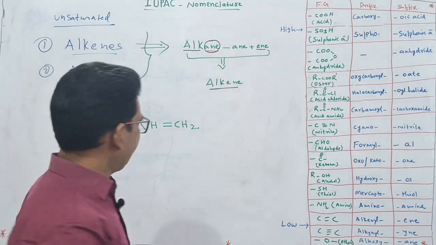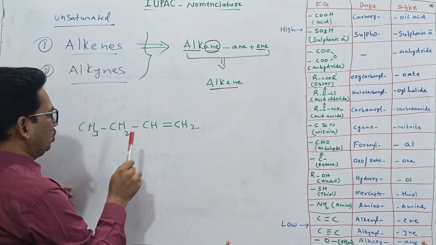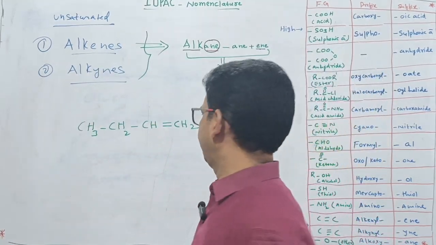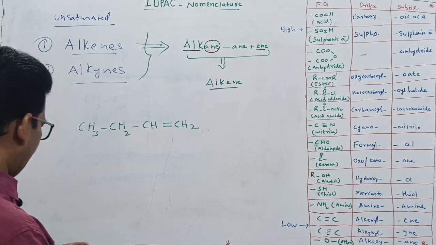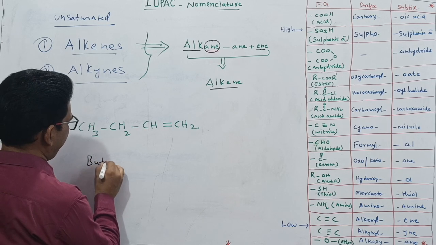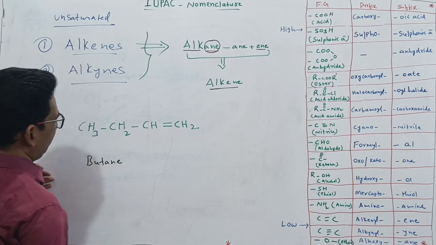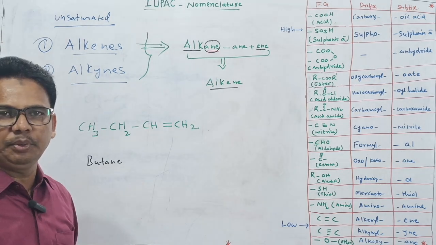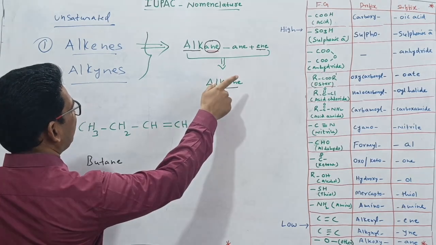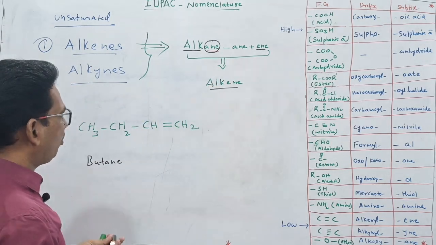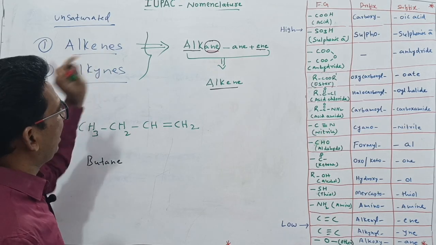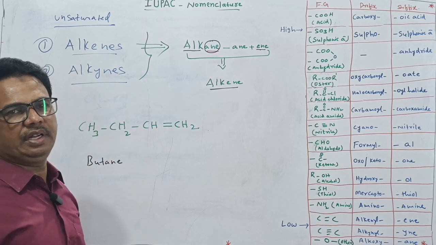For example, I will write. First count it. How many carbons does it have? 1, 2, 3, 4. Four carbons are there. Four carbons means the IUPAC name is butane. Then what will it have here? A double bond. That's nothing but ene. A double bonded compound we call ene. All alkenes will have double bonds.